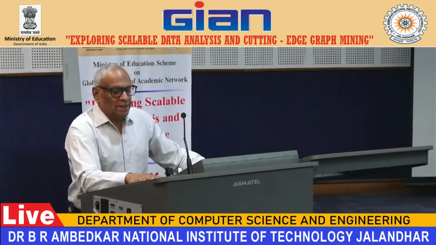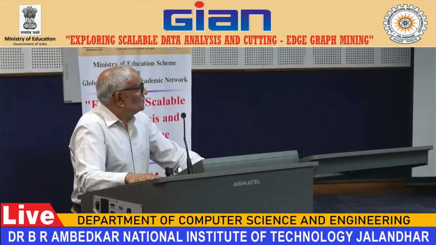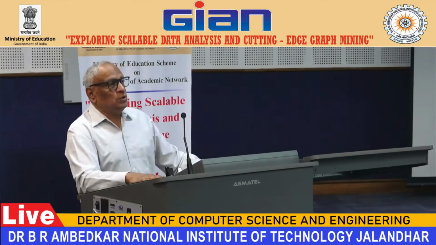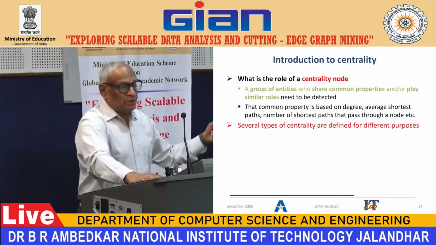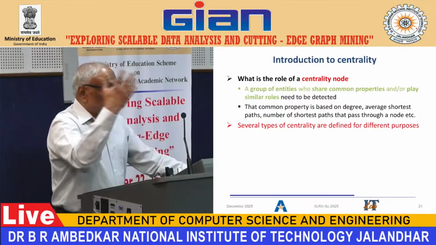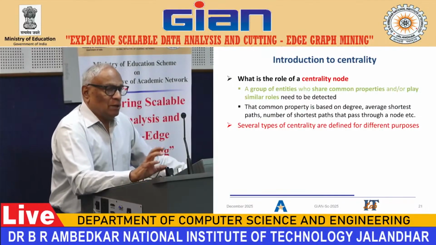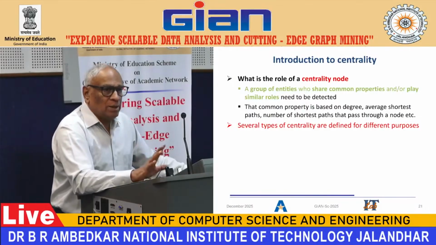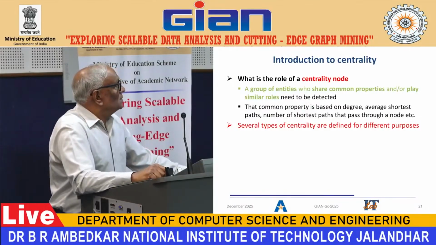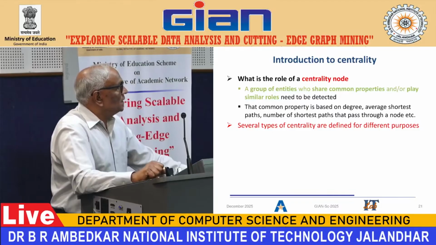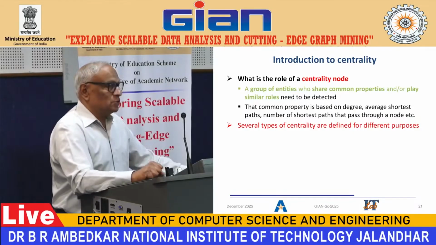So let us look at centrality. What is the role of centrality of a node? Why is this interesting? Again, this is a graph property. You can look at it as a local graph property or a global graph property. A group of entities who share common properties and play similar roles need to be treated alike.